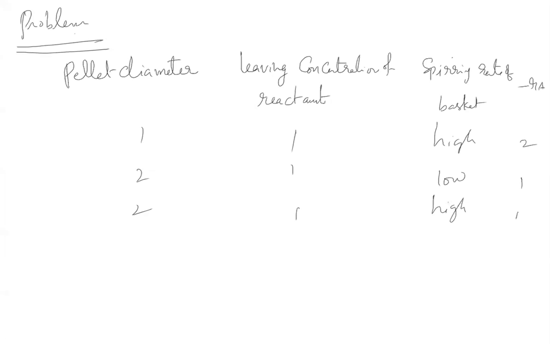Here you have done 3 experiments. What is the answer? Pore diffusion is controlling or mass transfer is controlling? Somebody is saying pore diffusion is controlling, somebody is saying film resistance is controlling.